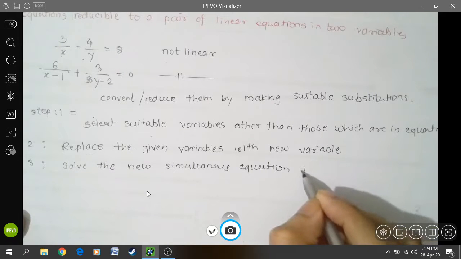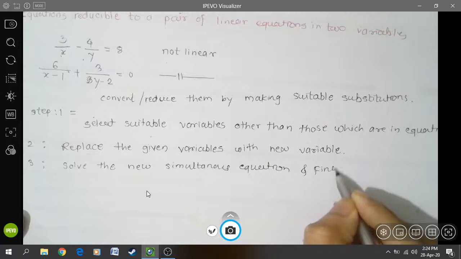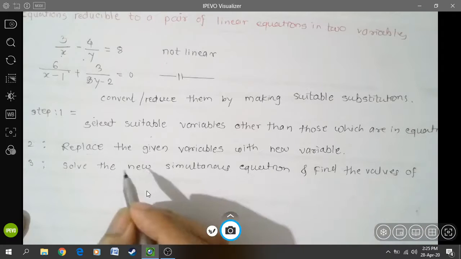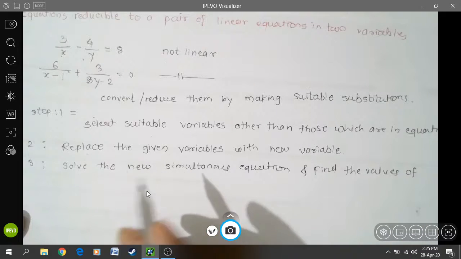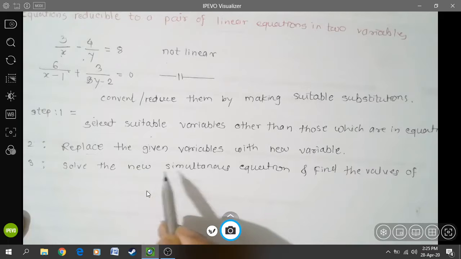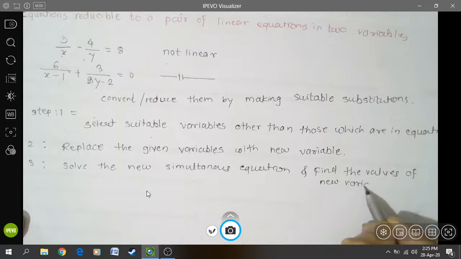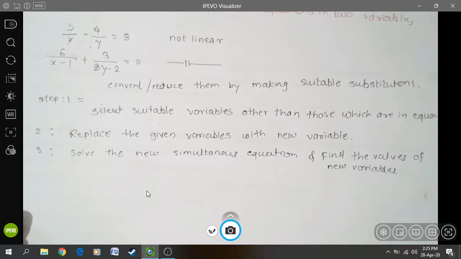Of course, if you are replacing x and y with a and b, then you have to find the values of a and b, the values of the new variables. This is step number 3.